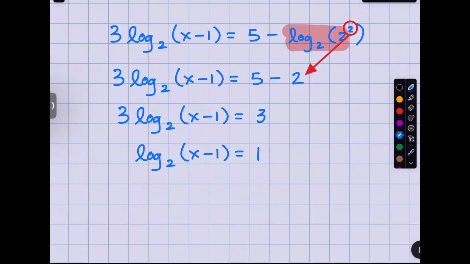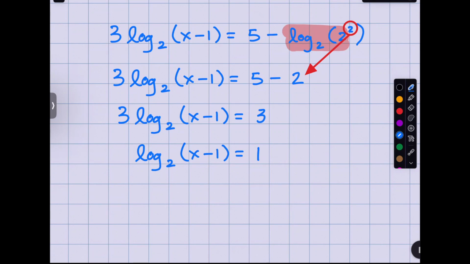So where do we go from here? I've got to divide by 3, right? I've got to get the log by itself. So what do I do from here? I can do 2 things.